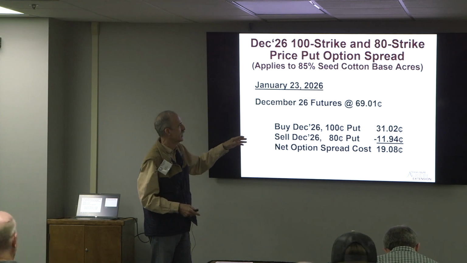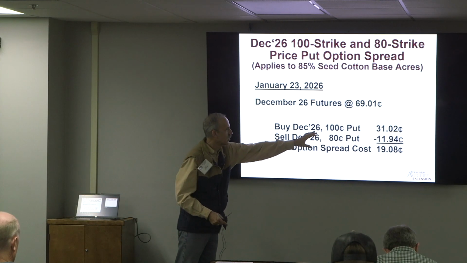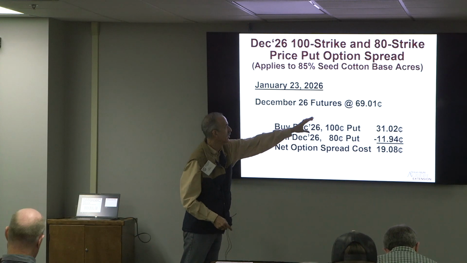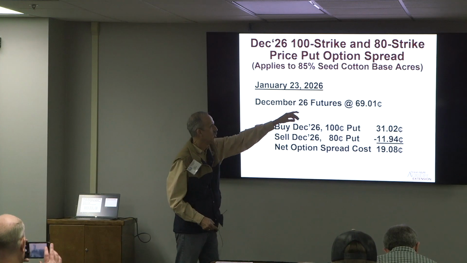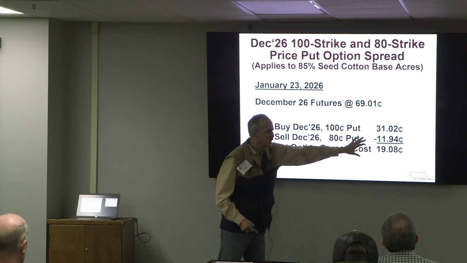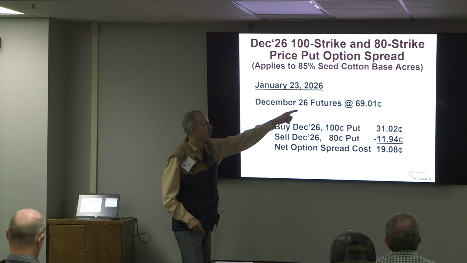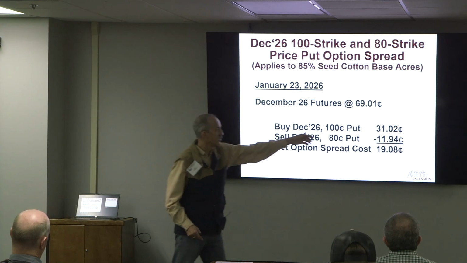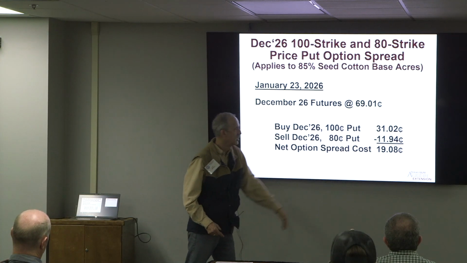So again, this is a role for an option spread to protect a specified range of prices, and this is how we do it. Now this is the actual cost of these options the other day. When the futures are at 69, these are outrageously and unrealistically expensive. But if the futures price was $1, this would be a much more affordable thing.